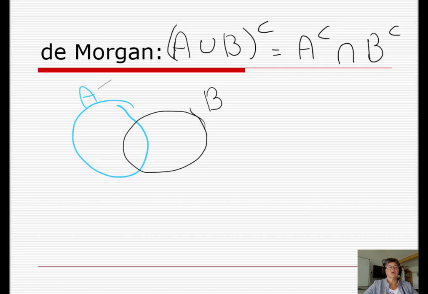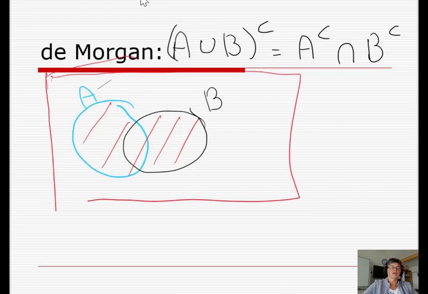And then we would like to look at the union of the two. Okay, let's make that red. So A united with B is this red area. Then we want to take the complement. So then I have to draw the universe. So let's draw the universe. Okay.